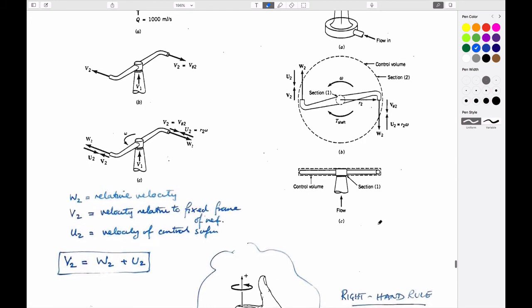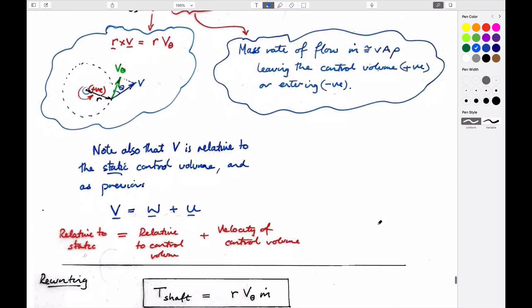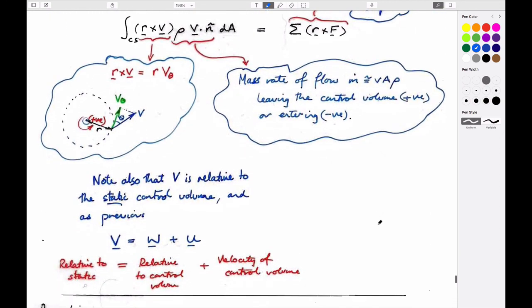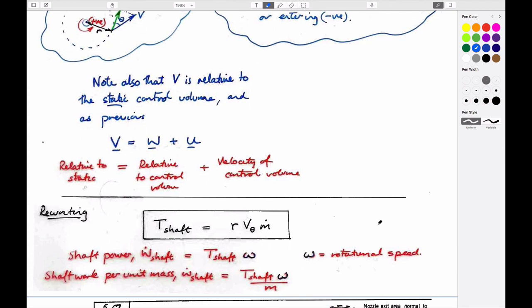Okay. And finally, we talked about conservation of angular momentum. The expression that defines these behaviors is basically given, in our shorthand, by this expression: the sum of the radii, cross product, multiplied by the velocity relative to the control surface plus the velocity of the control surface, multiplied by the mass flow rate, is equal to the sum of the radius, the lever arm, multiplied by the forces.